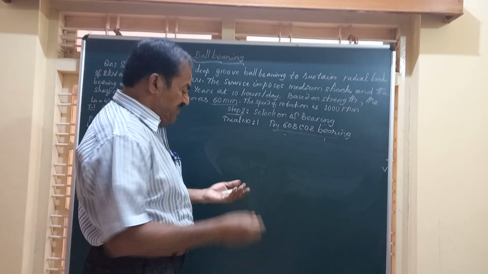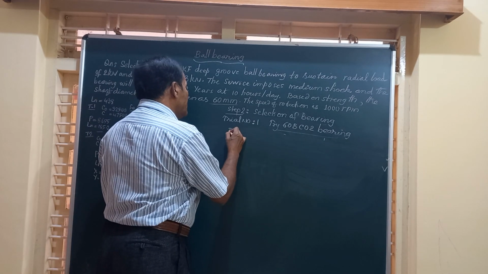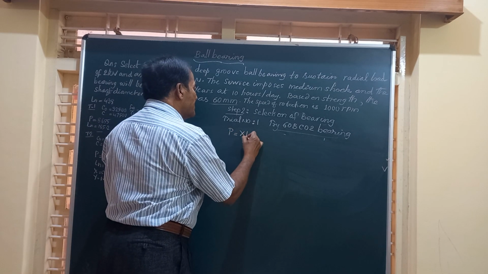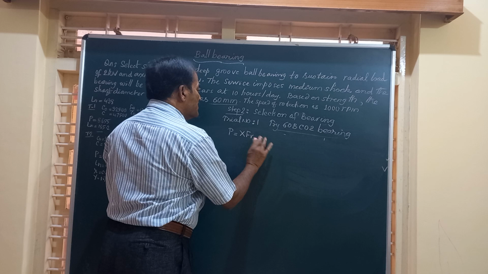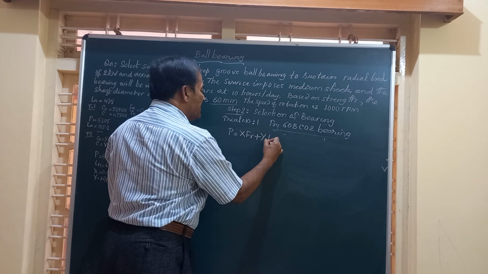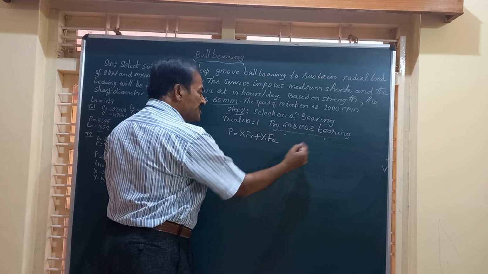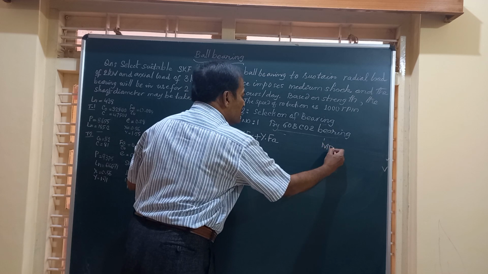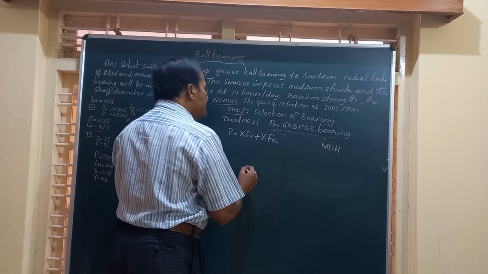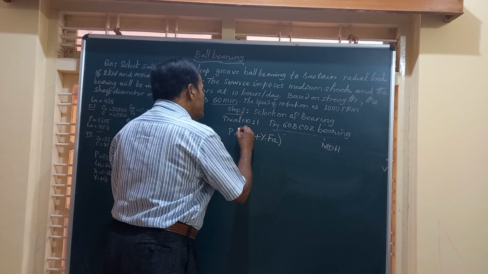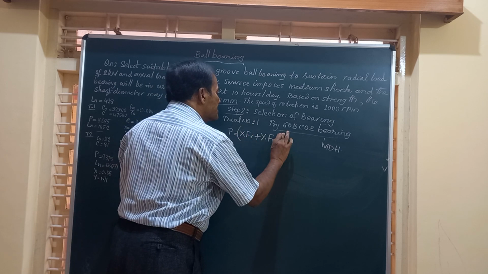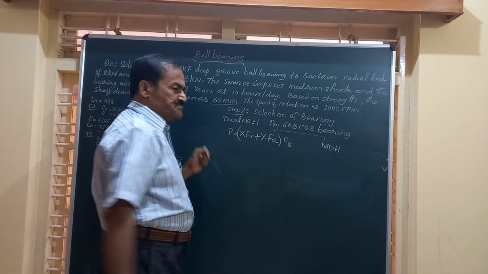So for P, friends, we have the formula P is equal to (X times FR plus Y times FA), given in the machine design data handbook. And here this has to be multiplied by a term called service factor CS.